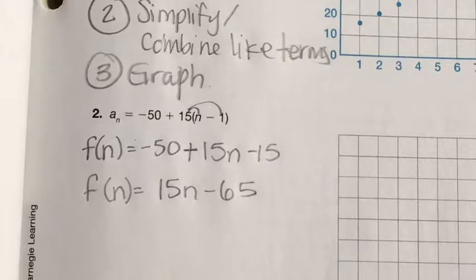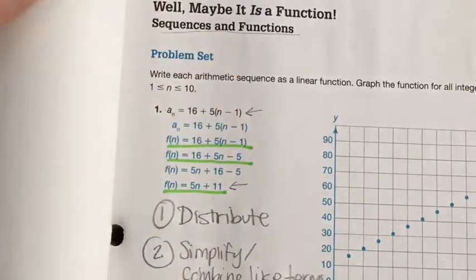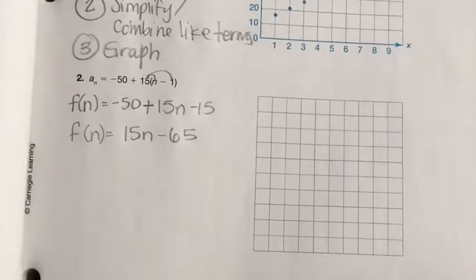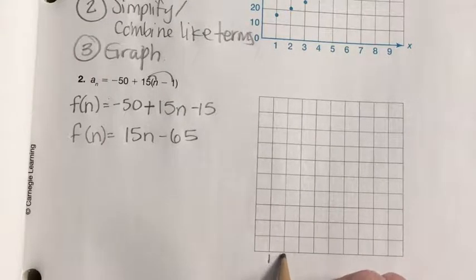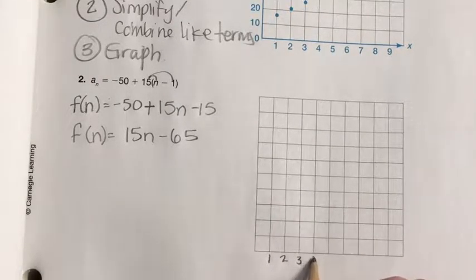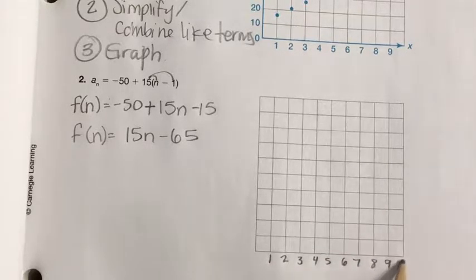You can graph it in lots of different ways. You're still supposed to do the increments of what it says right here, between 1 and 10. So we can still do the same type of thing like they did above. So across here, we would still have 1, 2, 3, 4, 5, 6, 7, 8, 9, 10. Okay.